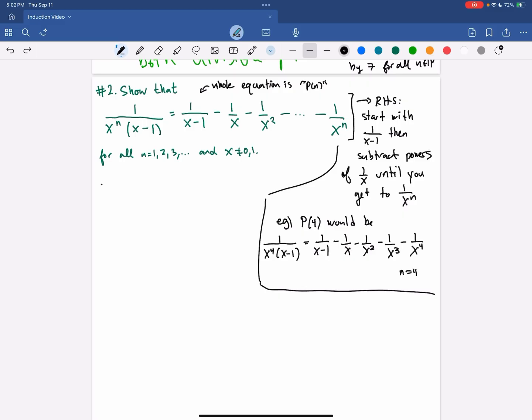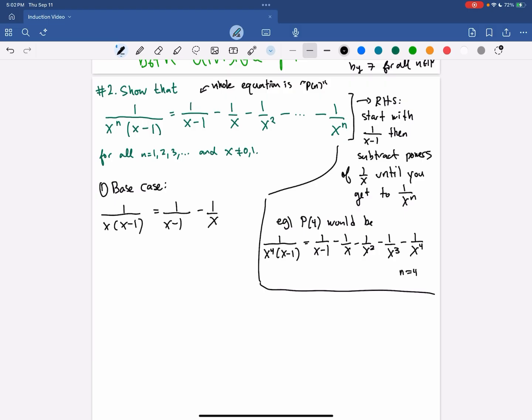And so, for our base case, we've got on the left-hand side 1 over x times x minus 1. And on the right-hand side, we have 1 over x minus 1 minus 1 over x.